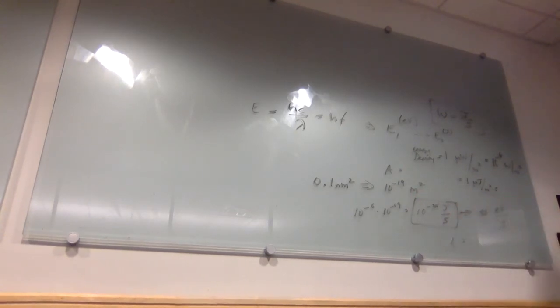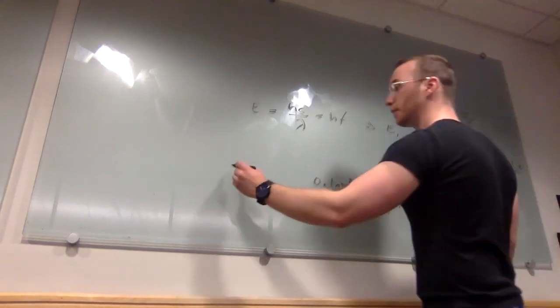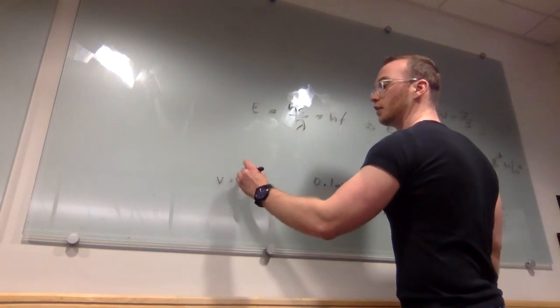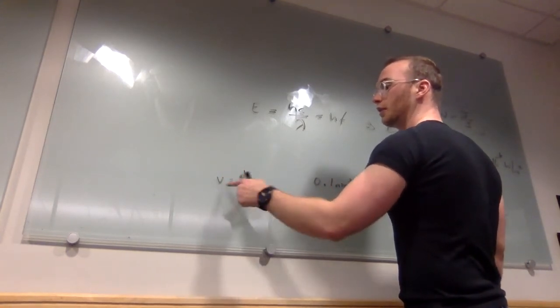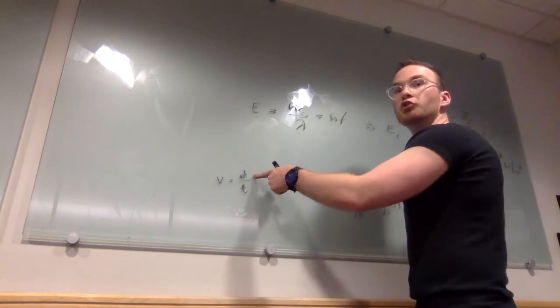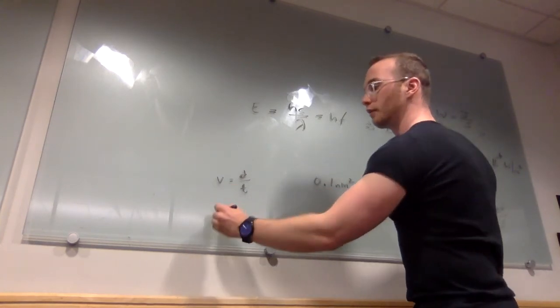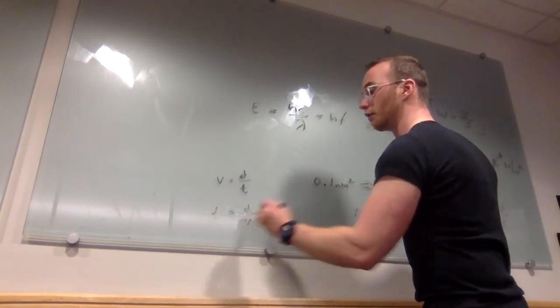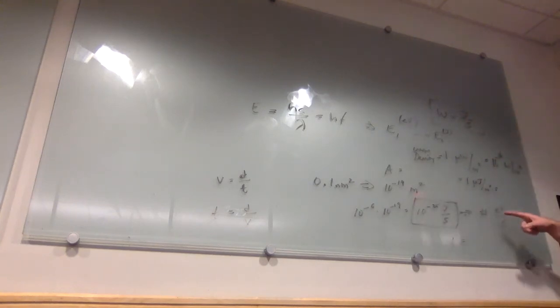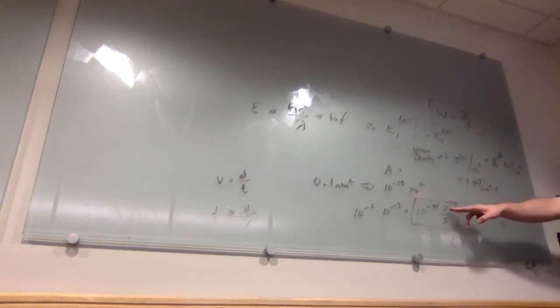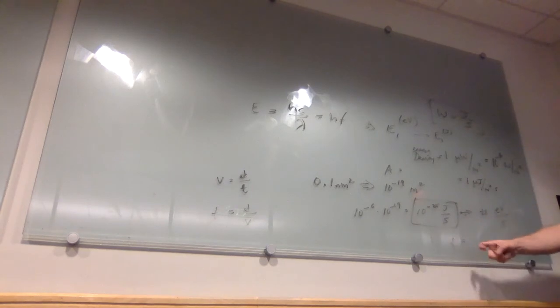How many seconds does that take? Well, then you just divide. It's the same as v is d over t. If v is a rate, and d is a cumulative distance, and t is time, so to find the time, you get d over v. So d is the accumulation, the energy, divided by the rate, and you'll get the total of the time.